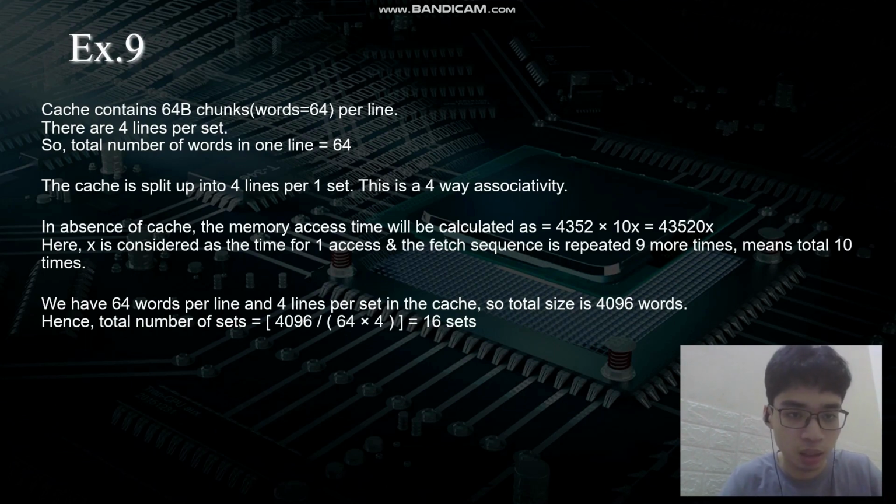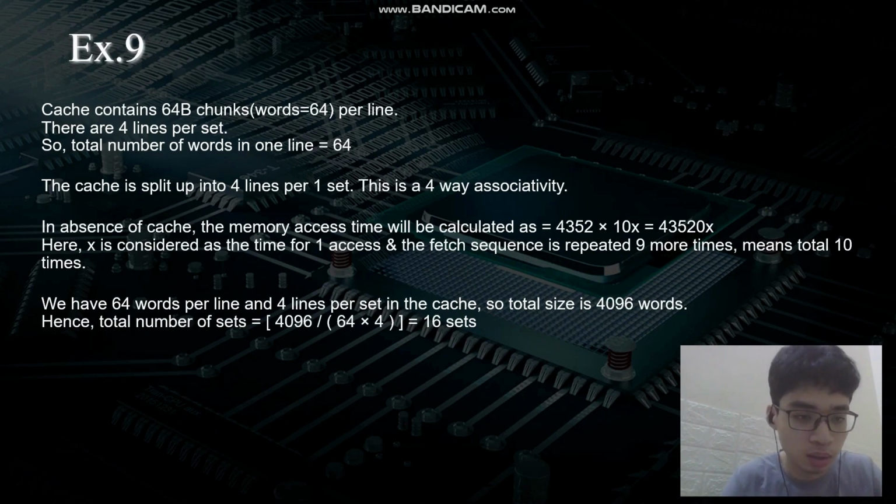In the absence of cache, the memory access time will be calculated as 4352 times 10x, equal to 43520x. Here x is considered as the time for one access, and the fetch sequence repeats 9 more times, meaning 10 times in total.